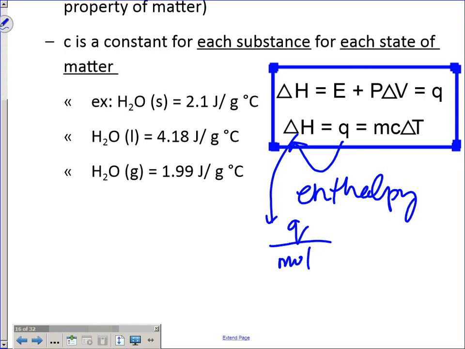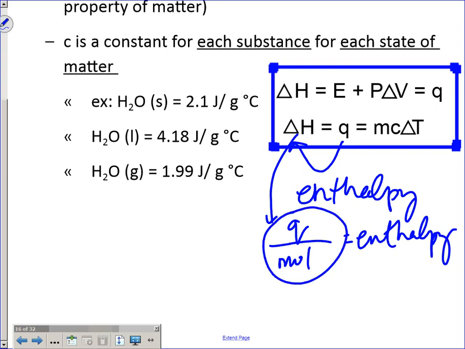So if we're talking about 1 mole of a substance, then Q does equal delta H. But if we're not, we always have to divide by a quantity related to its amount, which is moles. So delta H is enthalpy, and enthalpy describes heat or heat transfer, but it is adjusted per mole of that substance. We'll talk about this a little more today as well, but we have to find Q to get delta H.